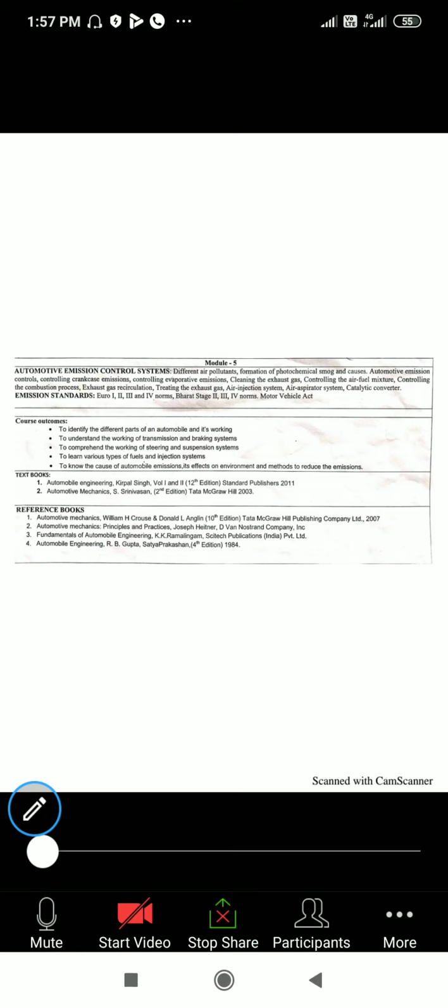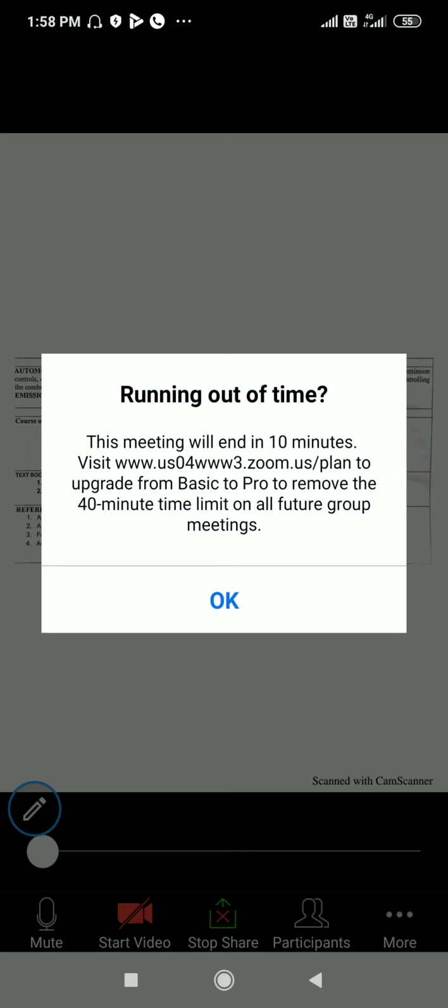Whatever advantage the student should take from this subject, they are not getting that advantage, because they are ignoring this subject as it is an easy theory subject compared to other subjects like HMT and design.